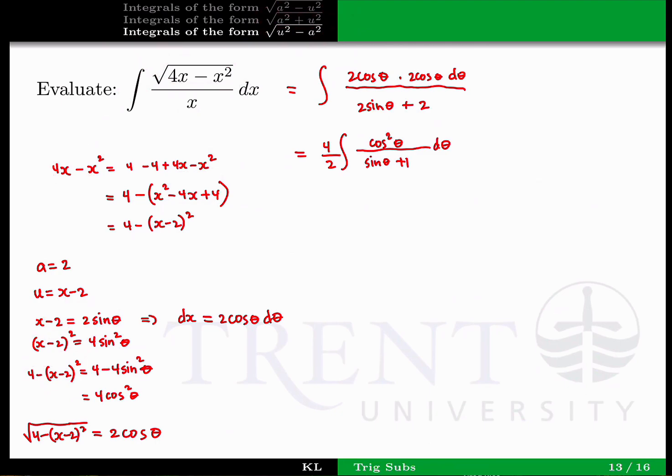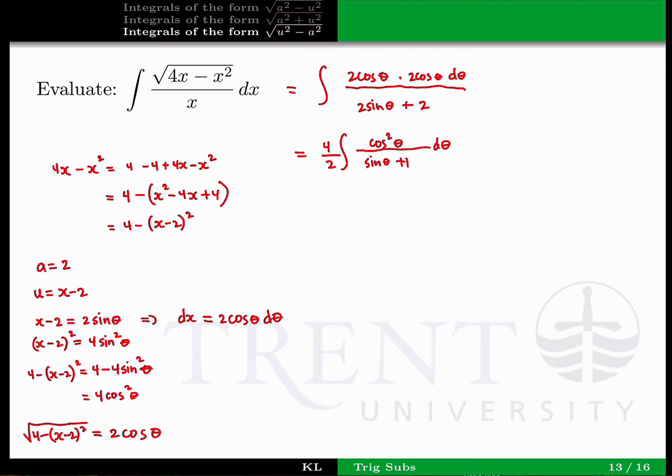From here, we can use some identities and techniques. Take note that this is sine theta plus 1, so you cannot separate it. It's in a denominator. You cannot write this as cosine squared theta over sine theta plus cosine squared theta over 1.